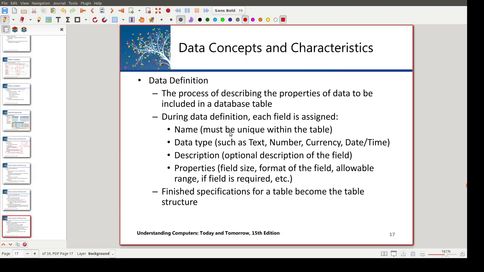The data type: is this field in this record text like your name, a number like your ID, currency, date or time? A description, which is optional, and the properties: field size, format of the field, allowable range, and whether the field is required or not. Once you finish the specification for a table, it becomes a table structure.